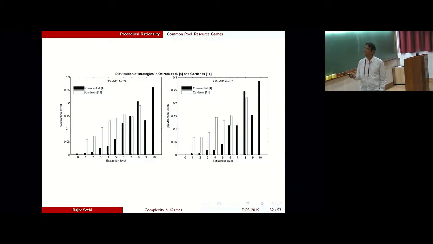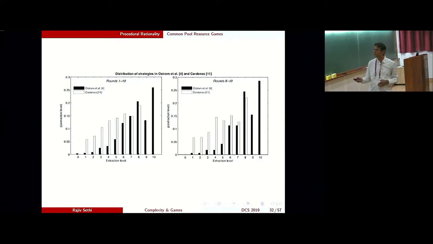In the Ostrom results, if everybody chooses the Nash equilibrium, you should get a spike at 8 and 0 everywhere else. Everybody should just choose 8, and there should be zero frequency with which other actions are chosen. Same with Cardenas. Notice that in Cardenas, 8 is the maximum, so the white bars do not extend beyond 8.